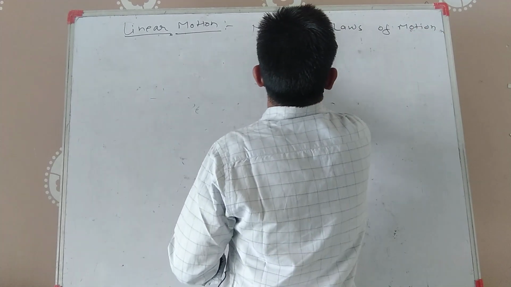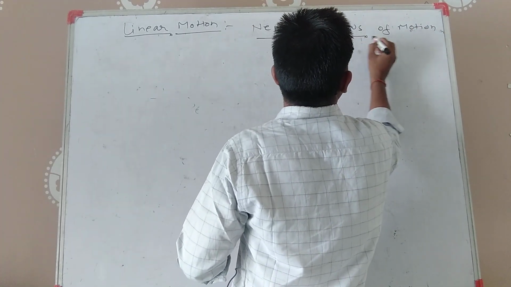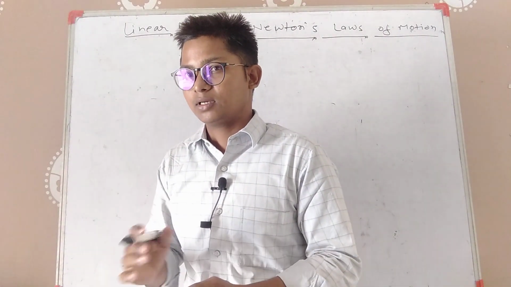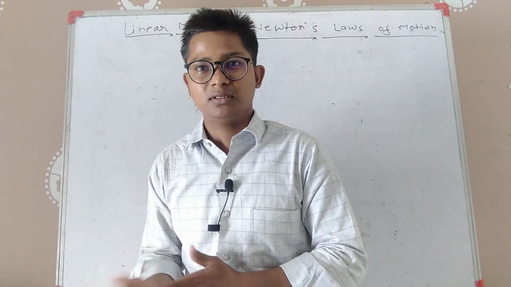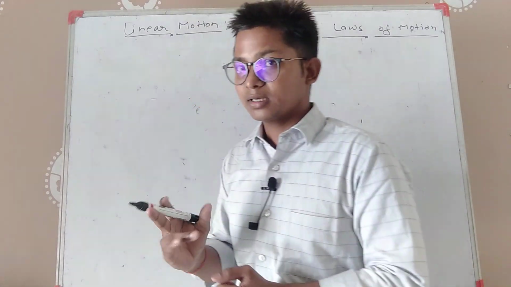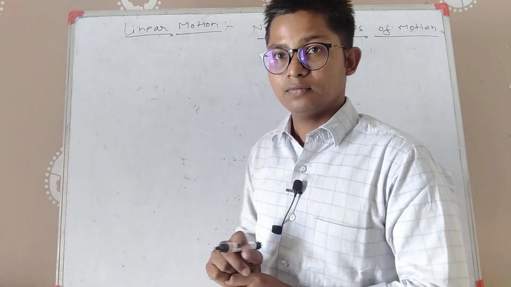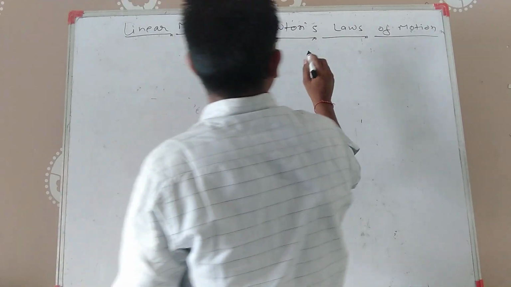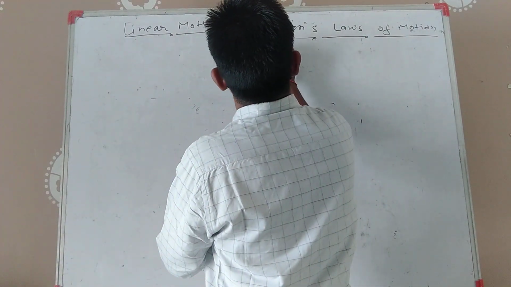For brief description and correct explanation, Isaac Newton, the father of physics, studied linear motion and gave 3 laws, which are known as Newton's laws of motion. So we have to study laws of motion and also equations of motion.